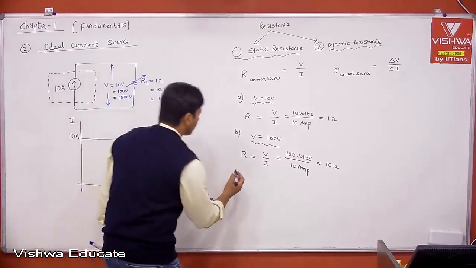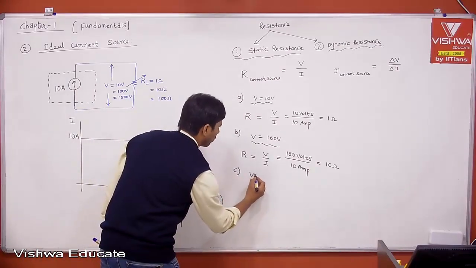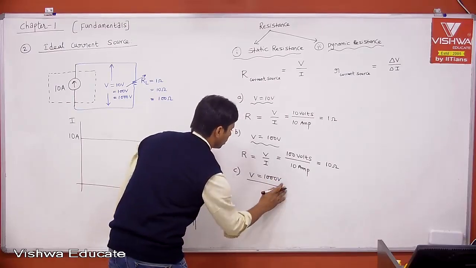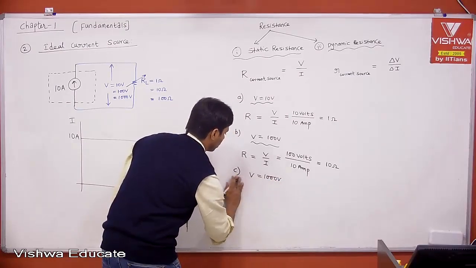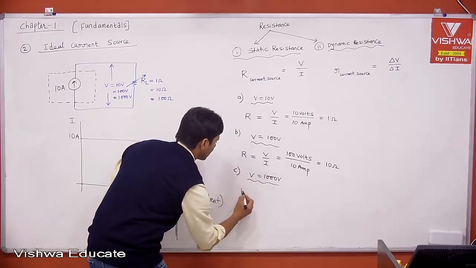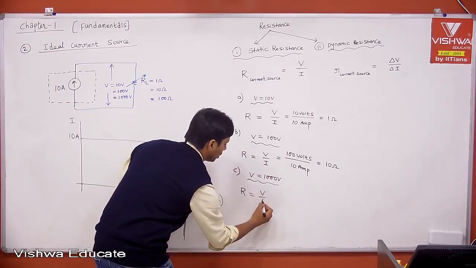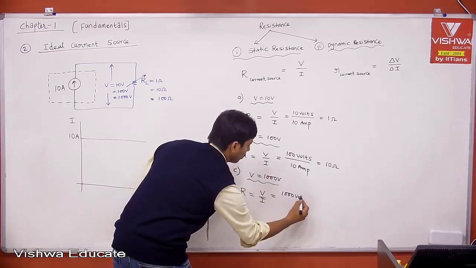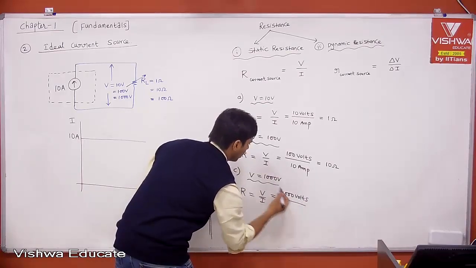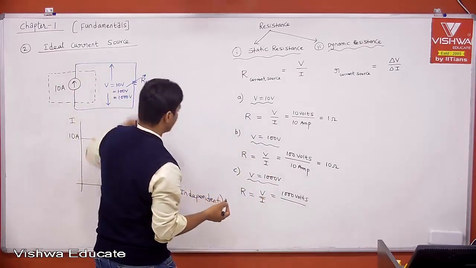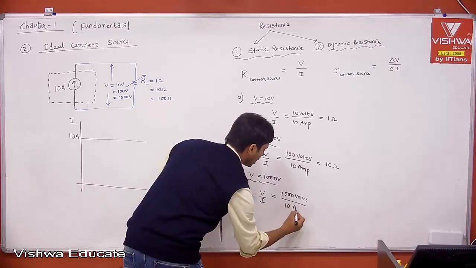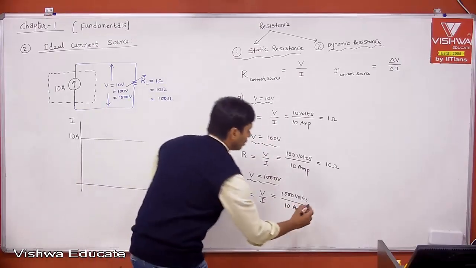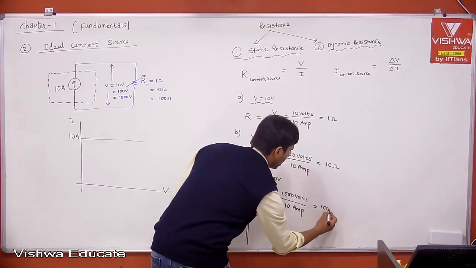The third one, because we took 3 points: V is equal to 1000 volts. Then what is your static resistance? R is equal to V by I. V is 1000 volts, and I is the current you are getting from your current source, which is always 10 ampere. Only then is it an ideal current source. This value is nothing but 100 ohm.